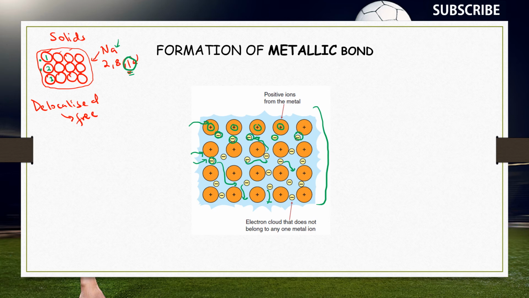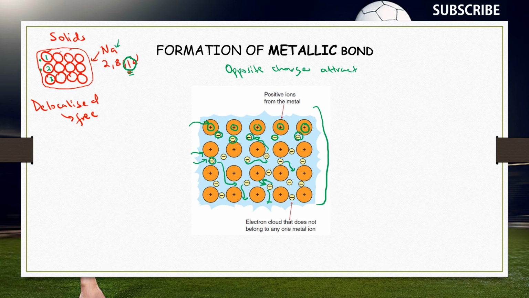So what do we mean by the metallic bond? Whenever the electron is lost, a positive charge is created. This positive charge, in relation to a negative charge, we know that if you have opposite charges, they will always attract. So opposite charges attract, positive and negative. This positive ion is attracted to this negative electron, just like this negative electron is attracted to this positive ion.